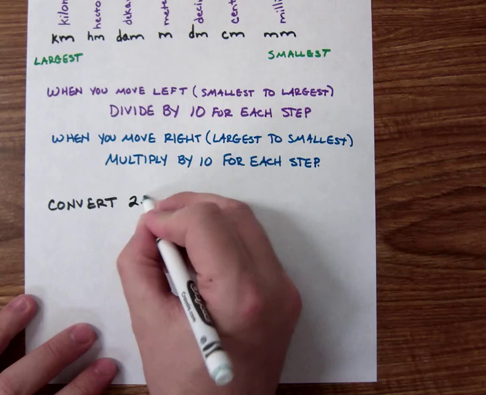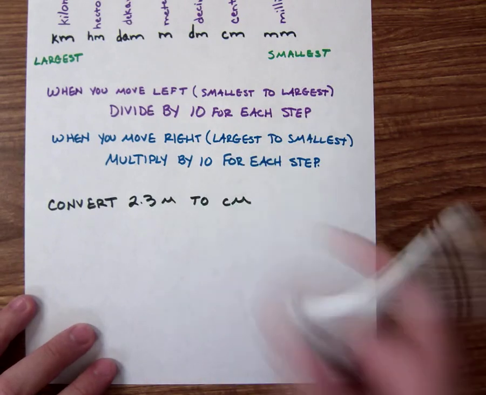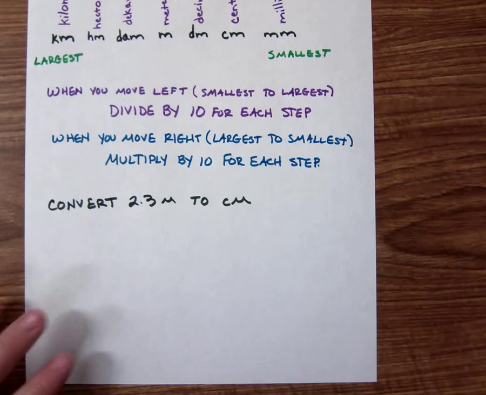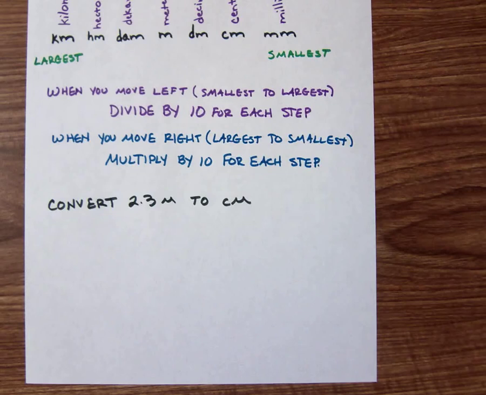Let's convert 2.3 meters to centimeters. These conversions are easy for a couple of reasons. One of the reasons they're easy is because dividing by 10 and multiplying by 10 is all you ever do. I don't have to worry about how many decimeters are in a meter.